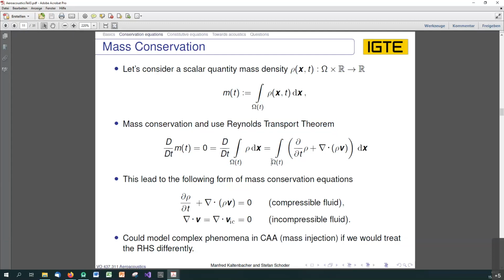So this is not explicitly for any framework. It's just a general representation. It holds for the one and the other.